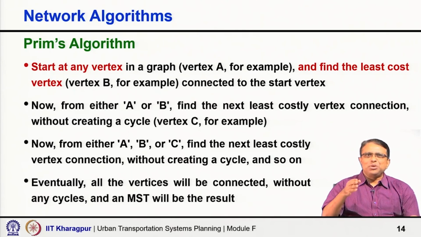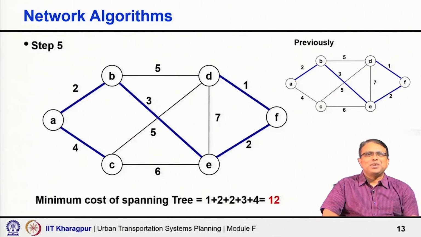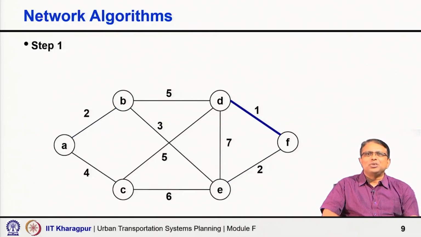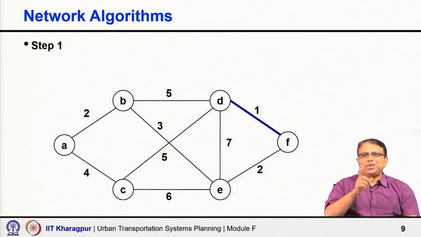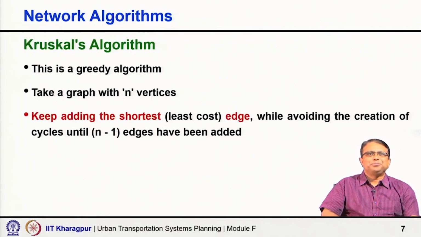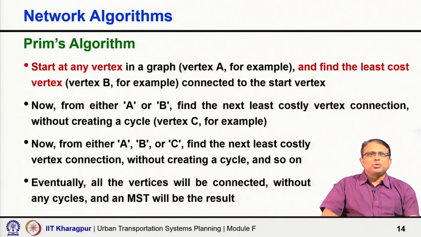Again, in the same way, from A, B or C find the next least costly vertex connection without creating a cycle, and so on. Like that, I will pick up n minus 1 links without creating a loop. So, that gives me Prim's algorithm. You see how we can get the solution and how the sequence of selected links is different in the two algorithms, but the answer is the same.